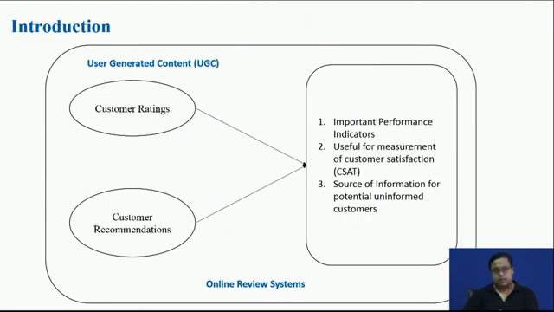So, a customer who does not know about this hotel or the service or the airlines, let us say if it is airline service, this particular paper was on airlines, can get information from these ratings and the recommendation behavior of other customers, to take a call whether they should join this particular service or not, or they should buy this particular railway tickets or not. So, that kind of information can be generated through this particular user generated content.